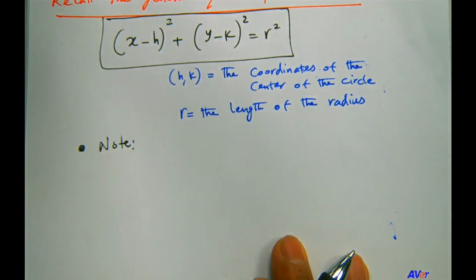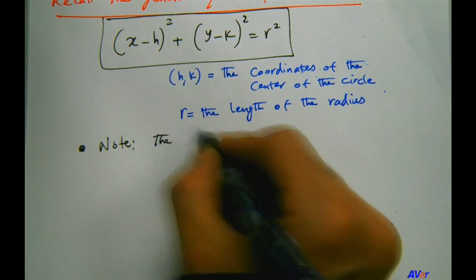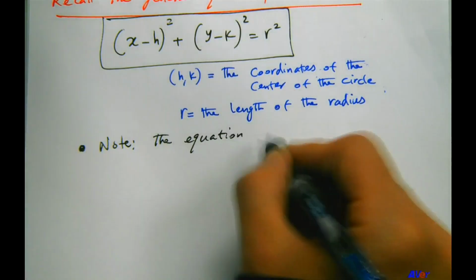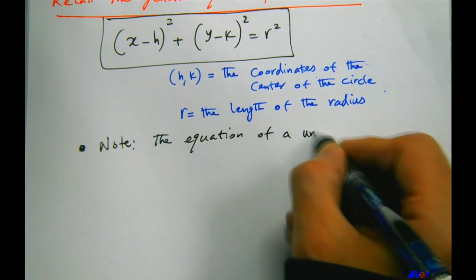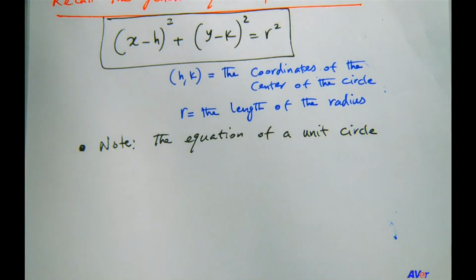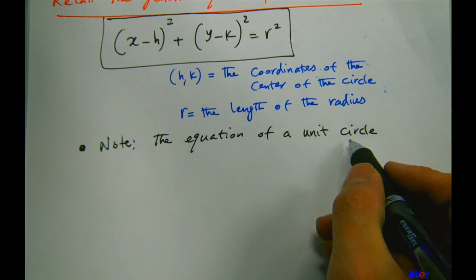Given this general equation of a circle, note that the equation of a unit circle, and I guess we'll soon talk about the characteristics of a unit circle, as a matter of fact right after this.